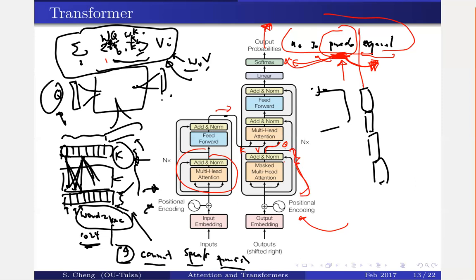Then after the self-attention, I have this query coming in here. This part is again essentially the same as the original one, right? And this part I could repeat n times, and then I will just have a simple linear layer and predict the probability of the current word.